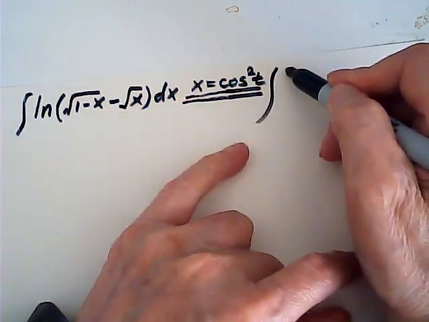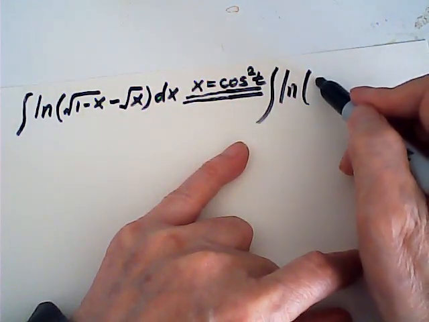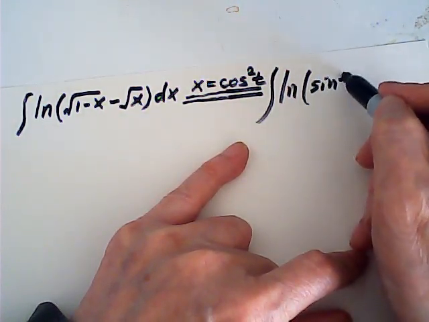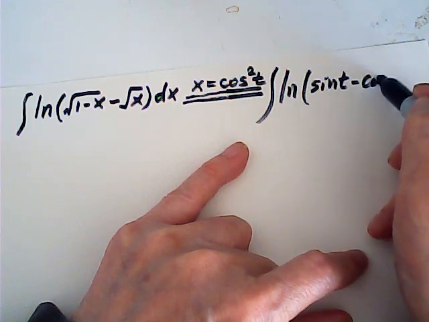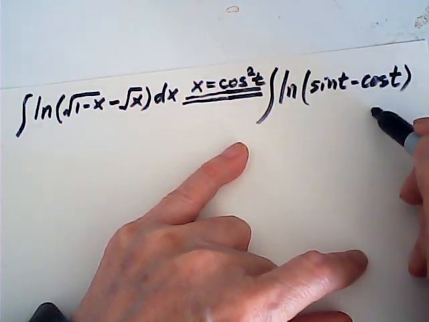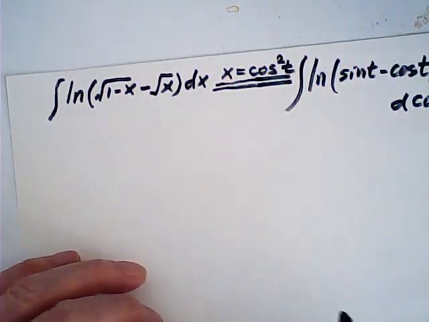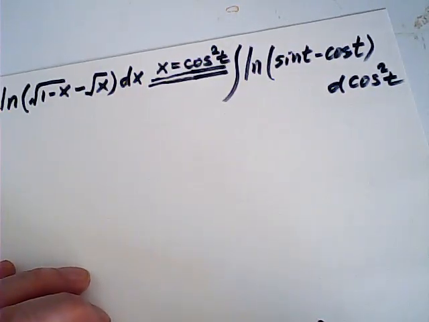So the integral becomes natural log, this will be sine t minus cosine t, and d cosine square t. Okay, good.